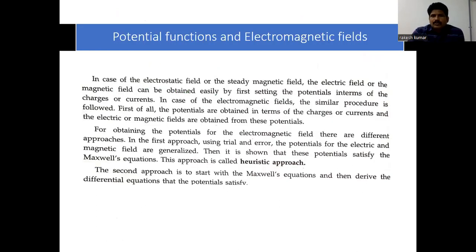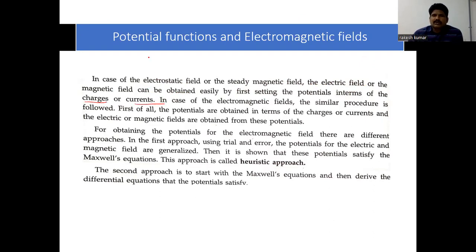So see here, potential functions and electromagnetic fields. In the case of electrostatic fields or steady magnetic fields, the electric fields or magnetic fields can be easily obtained by first setting the potential in terms of charges or currents.